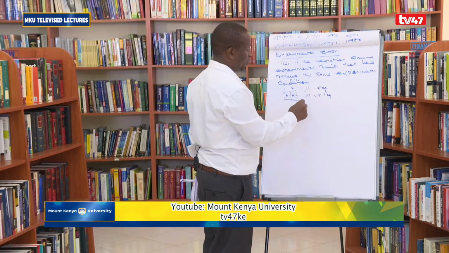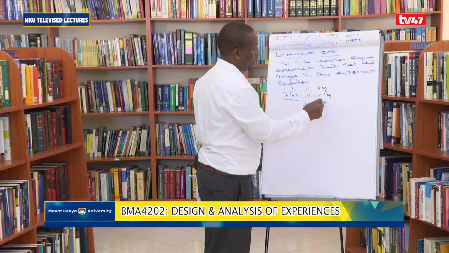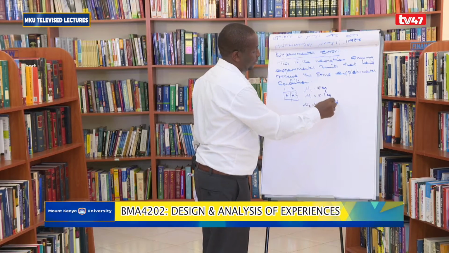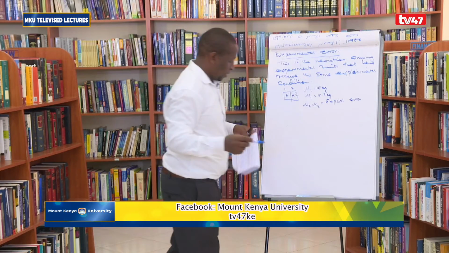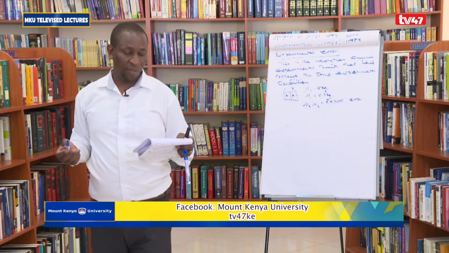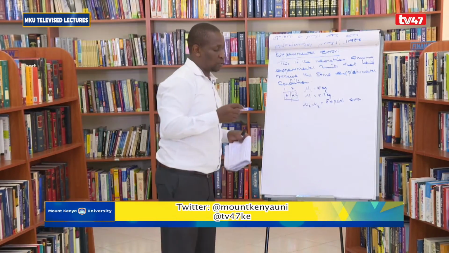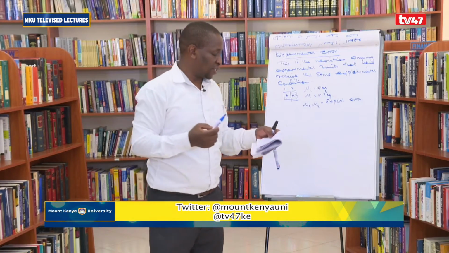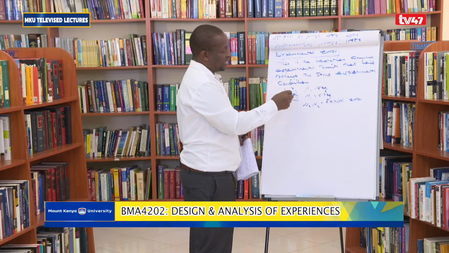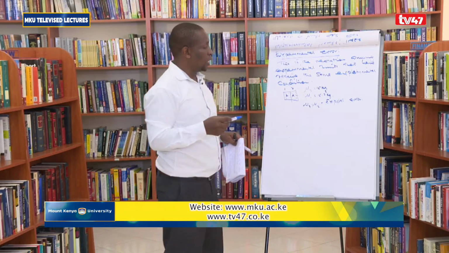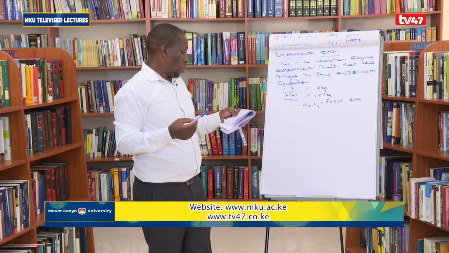The difference between mu1 minus mu2 is the experimental error. So the experimental error is simply variation among experimental units, plot 1 and 2, that have received the same experimental conditions. The difference between the mean yield in plot 1 and plot 2 is what we refer to as experimental error.